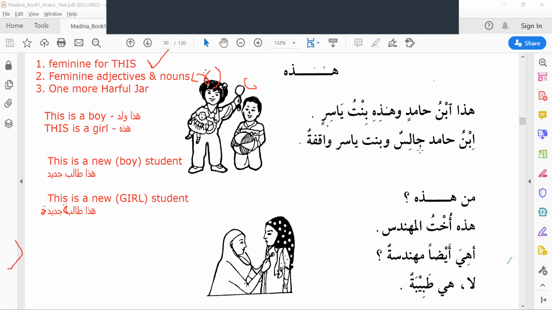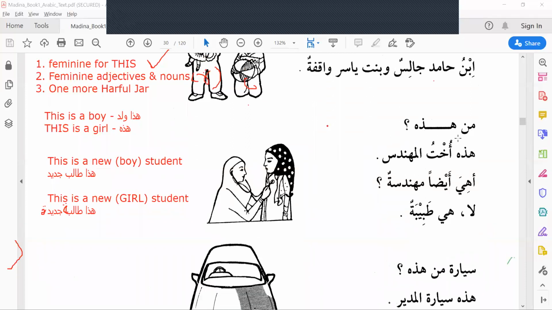Hamid's son is sitting and Yasir's daughter is standing. Man hadihi? Who is this? Hadihi ukhtul muhandisi. This is the engineer's sister.